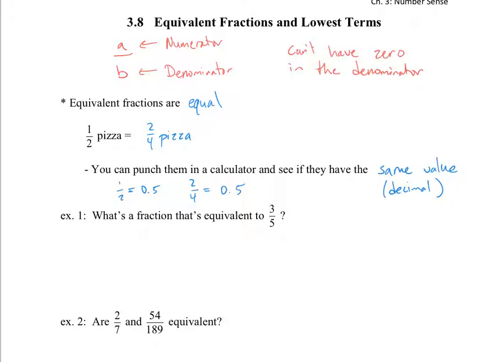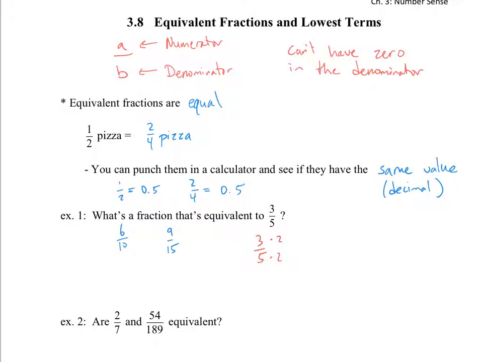So what would be a fraction that's equivalent to 3/5? 6/10. I heard 6/10. What's another one? 9/15. Okay, so let's think about how we can find these. If we start with our 3/5, we did times 2.